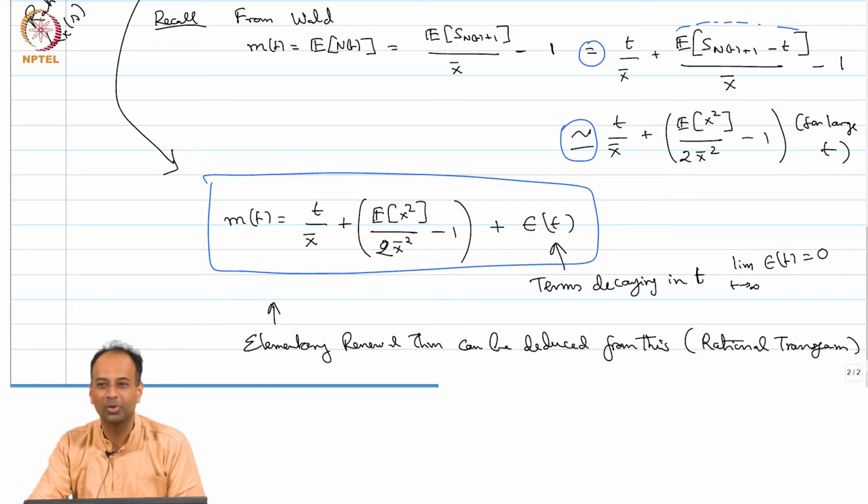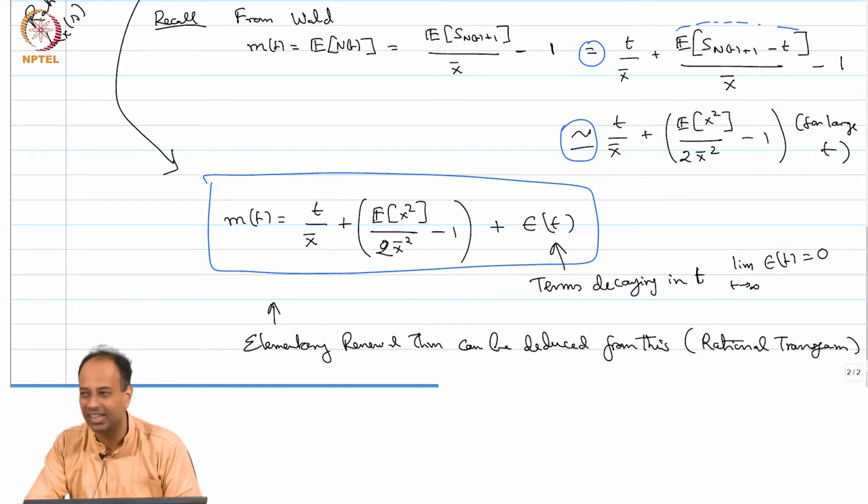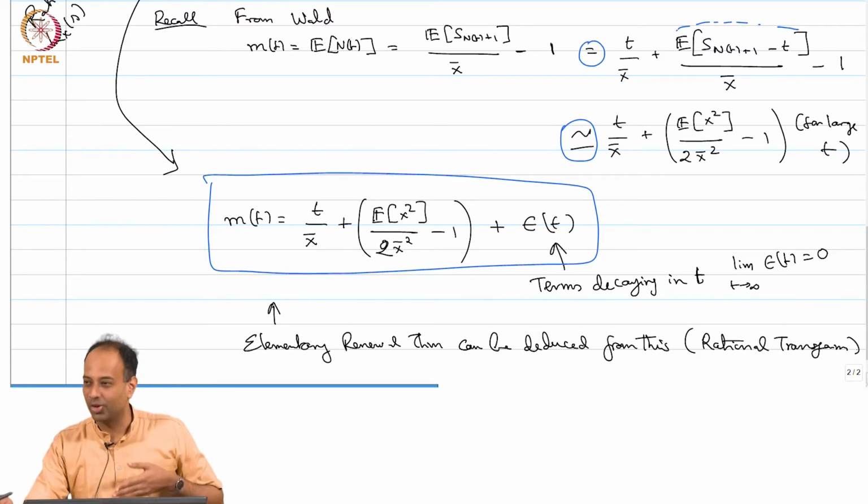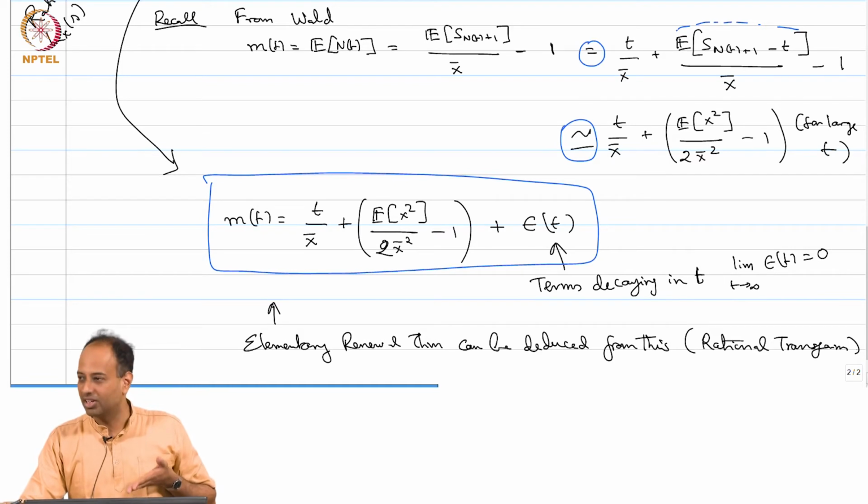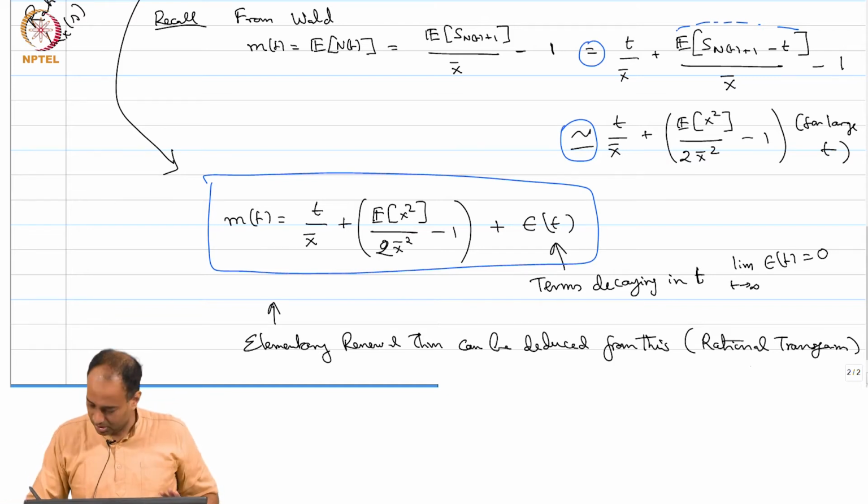But of course, we proved the elementary renewal theorem in full generality using a truncation argument. I am just saying that if you had a rational transform, you have a very explicit characterization of expectation of N t, from which the elementary renewal theorem is an obvious corollary, but this is not a very general proof. So, this is for rational transform L x of s.